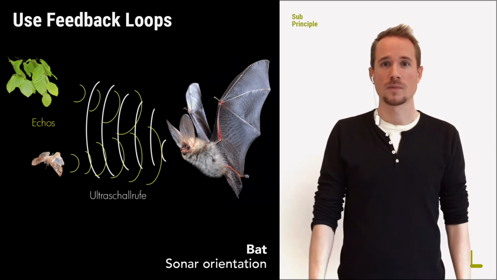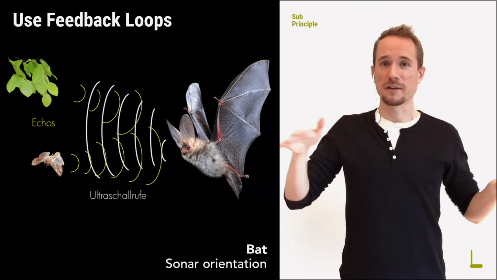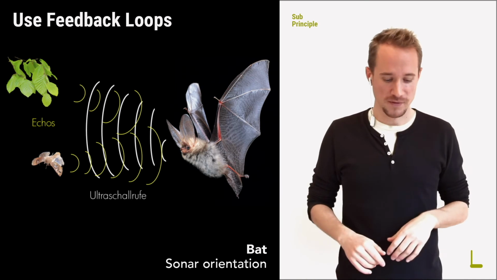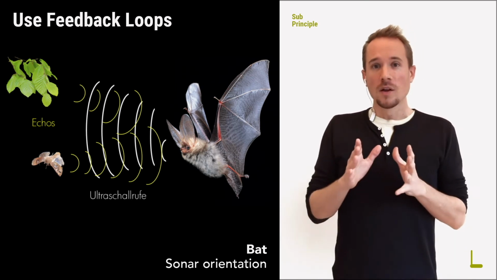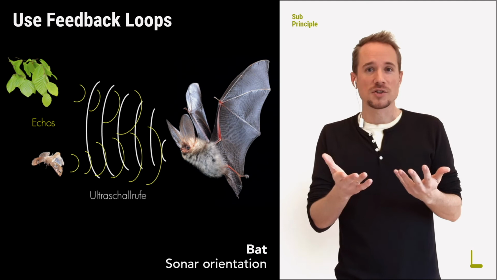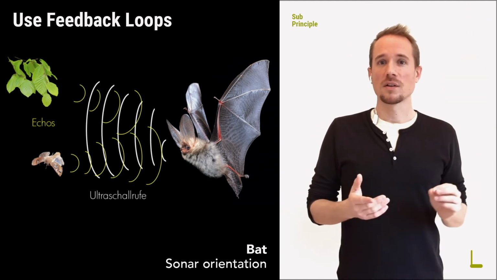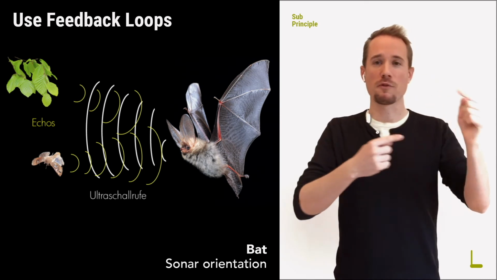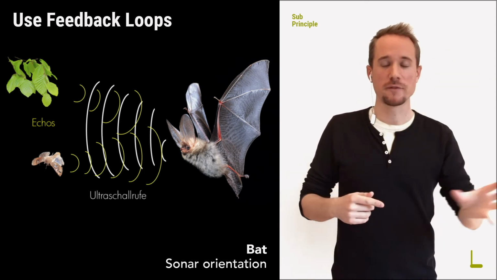And this is also how they can fly around, hunting and not fly into the next tree at the same time. And the fascinating thing is actually some of the insects that they're hunting also engage in a to and fro of information, a process, an information flow.